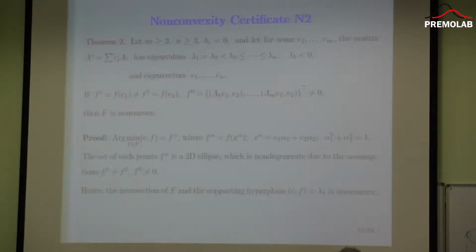Actually, what does it mean and how can it be proved? What we are doing, we minimize a linear function on our set F. It's equivalent to minimization of a quadratic form with this matrix A on a sphere.